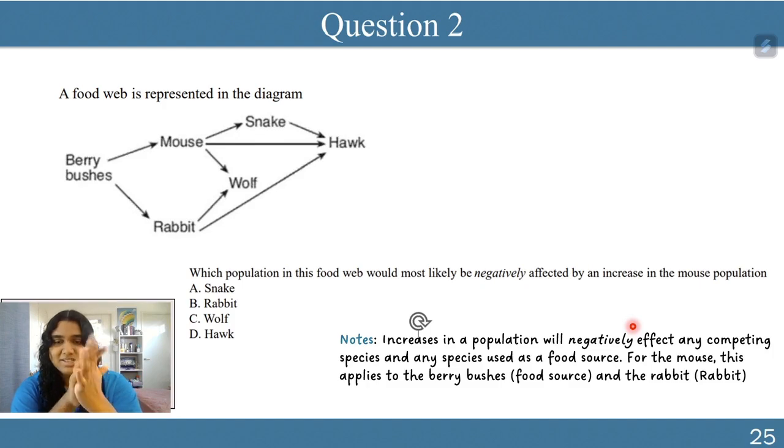For the mouse, this applies to the berry bushes. So if the mouse population increases, the berry bushes are expected to decrease because there's a higher demand from the mice for berry bushes. And also the rabbit, because it's the one species that it's competing with. So if the mouse population increases, then more of the berry bushes are going to be consumed by the mice, leaving less for the rabbit, so their population would be negatively affected in some way.